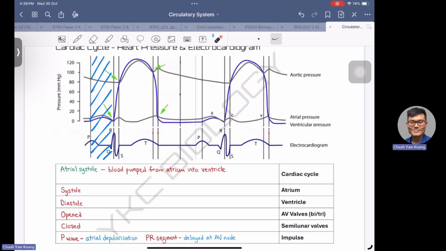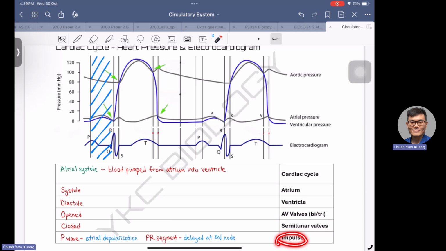At the same time, the semilunar valve is closed during this time, because in this phase the ventricle is still under relaxation. So that's why the semilunar valve has to remain closed in order to prevent the backflow of blood from the aorta.